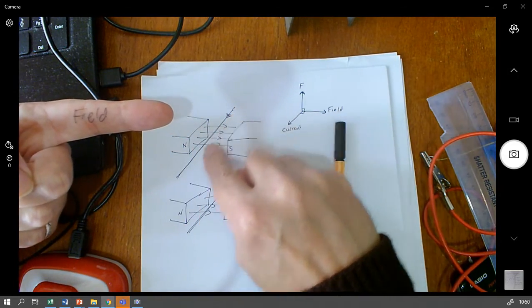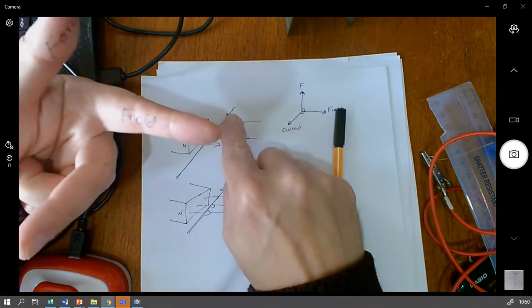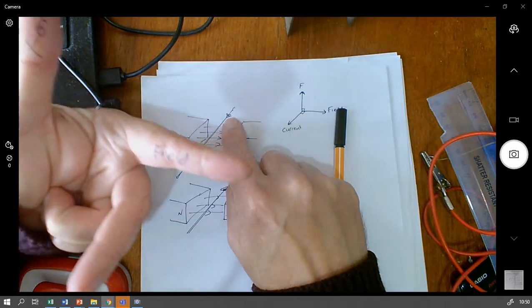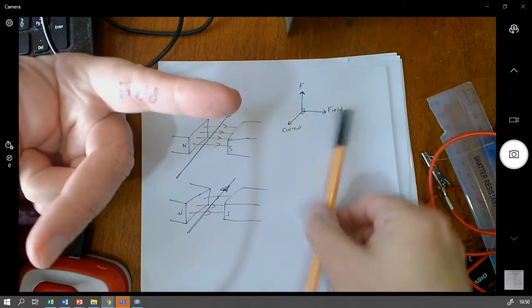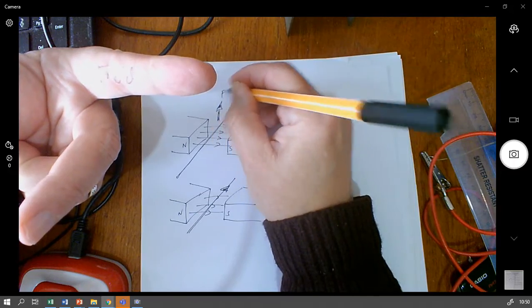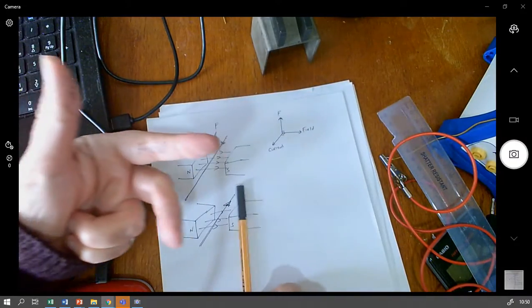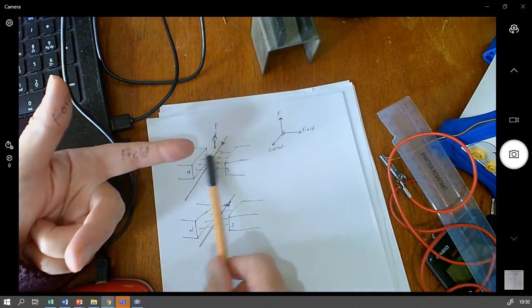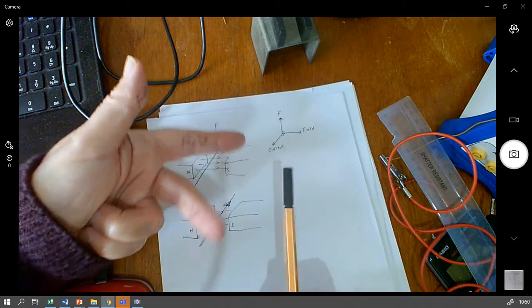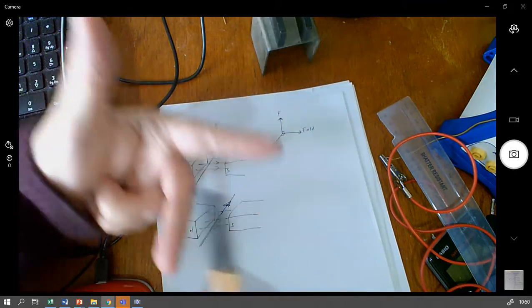The current is coming out towards us in this direction. That's the current. And therefore the force is upwards. That's the force thumb. The field's going in that direction, the current is coming out towards us, and the force is therefore upwards.